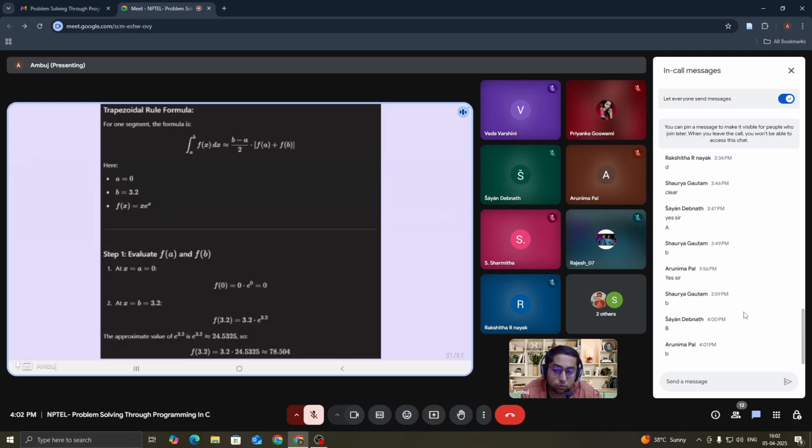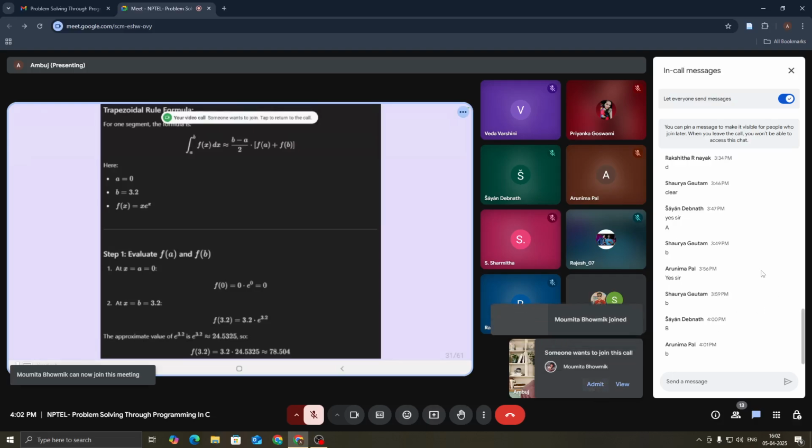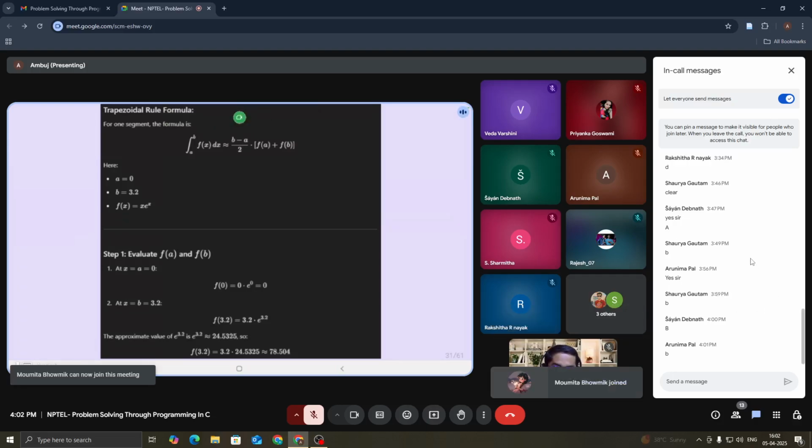For x equal to 3.2, it will be f of 3.2. F of 3.2 is 3.2 multiplied by e raised to power 3.2. E raised to power 3.2 is 24.5325. So f of 3.2 is 3.2 into 24.5325, which is 78.504.